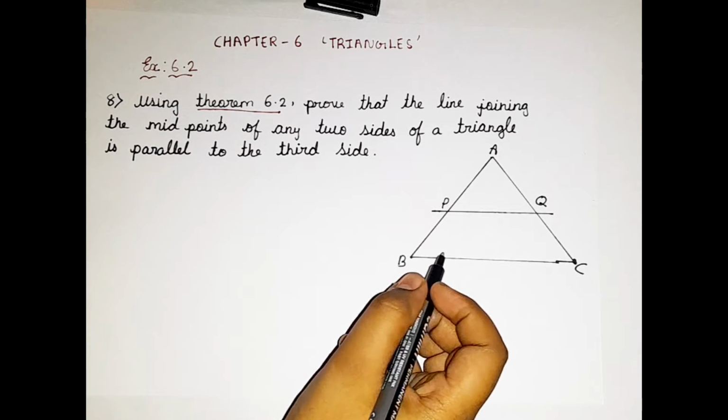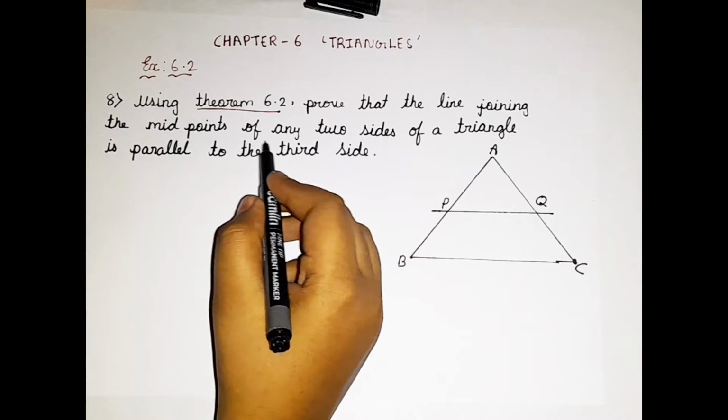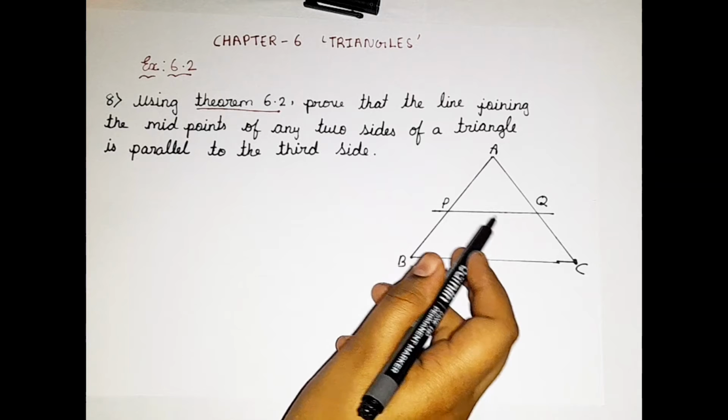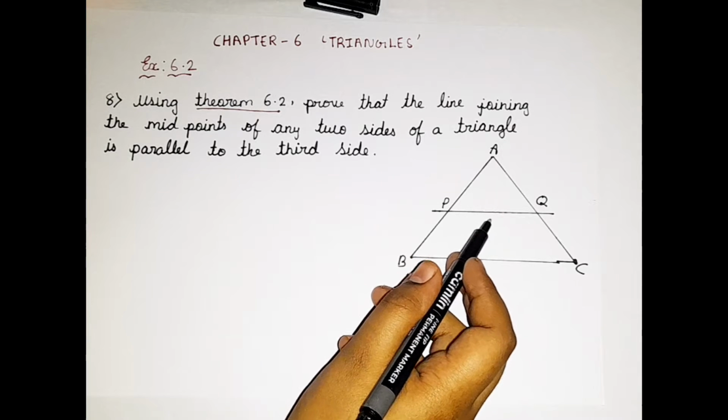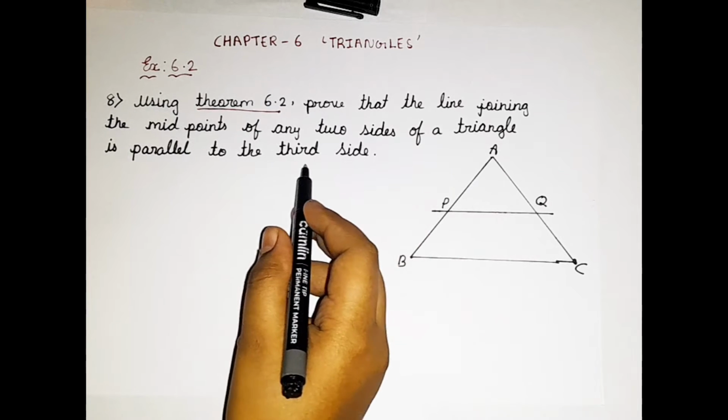Alright, so till here we just drew the midpoints of any two sides of a triangle. But we need a parallel line, which is parallel to the third side.